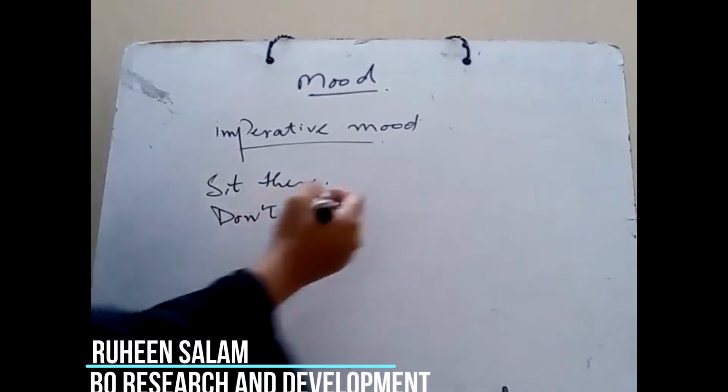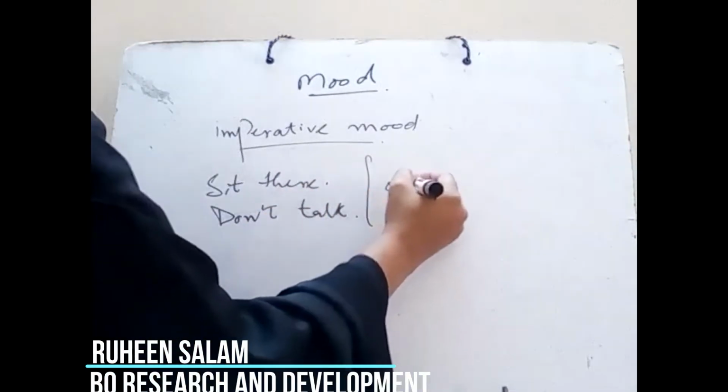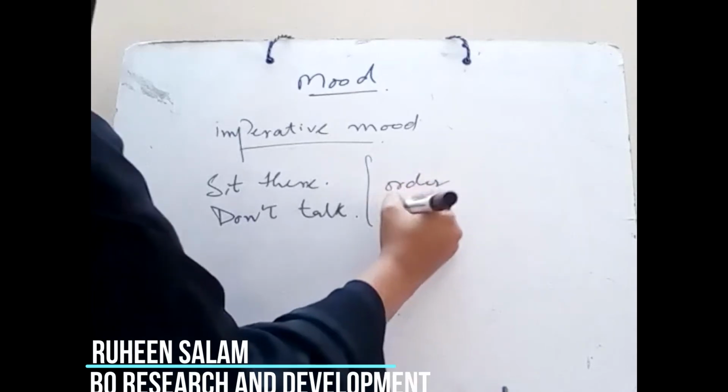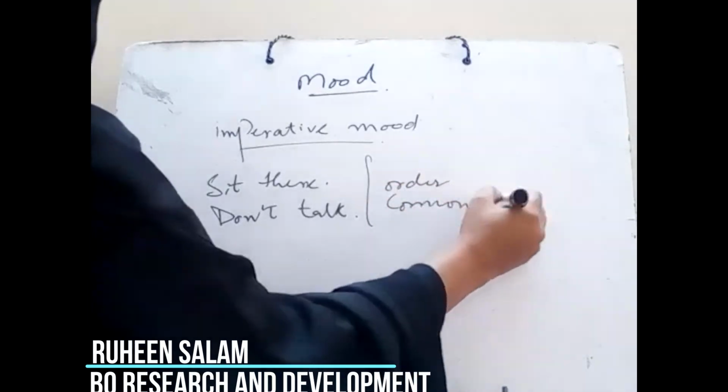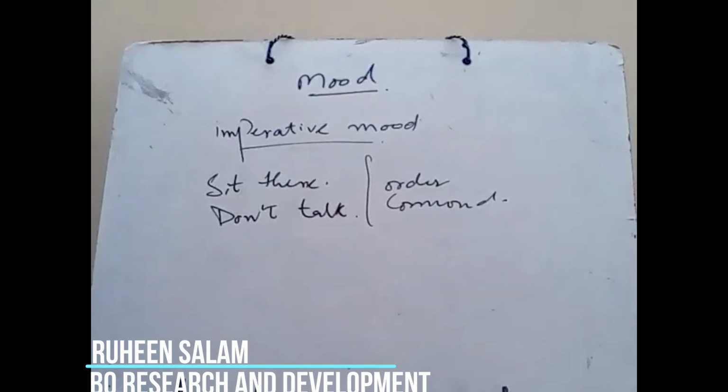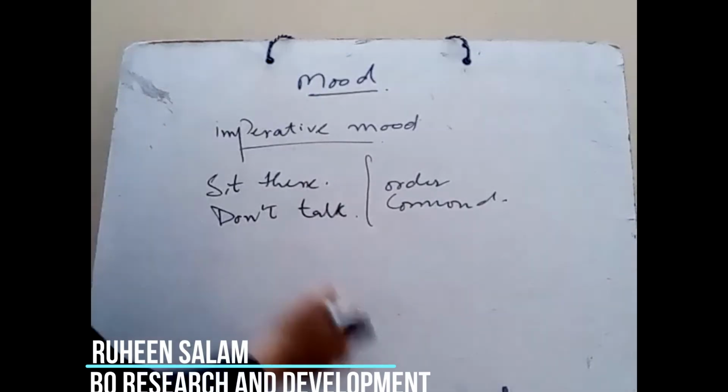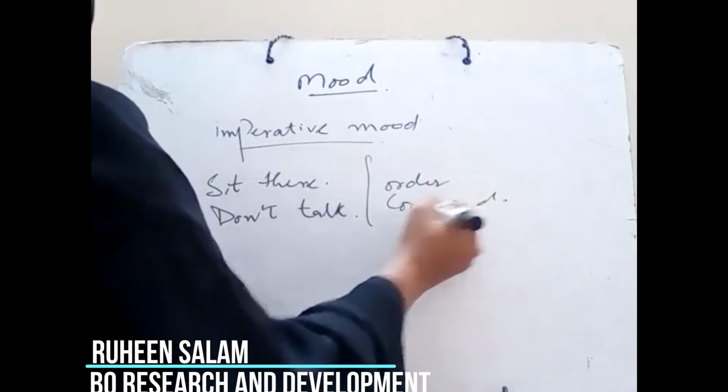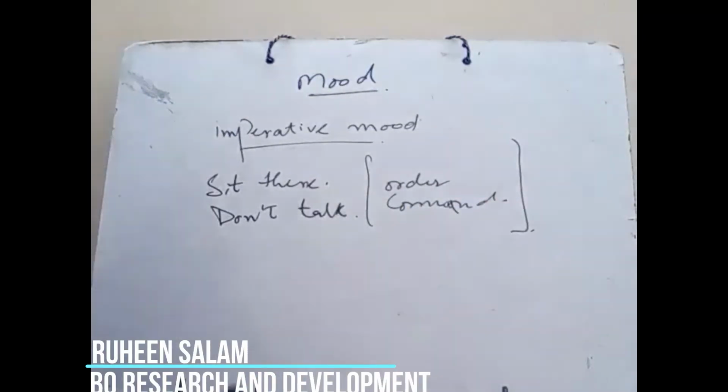These things are telling you about a thing which is related to order or command, in which someone is commanding you something, or he or she is ordering you to do such things and to avoid yourself from other things.